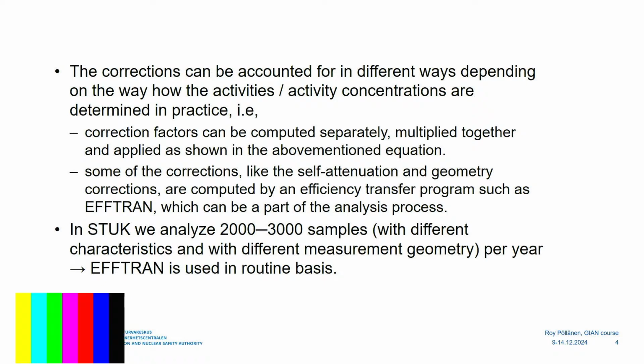Some of the corrections, like the self-attenuation and geometry corrections, can be or are computed by an efficiency transfer program such as EFFTRAN, which can be a part of the analysis process. So you do not need to do corrections by hand. The software can do this.